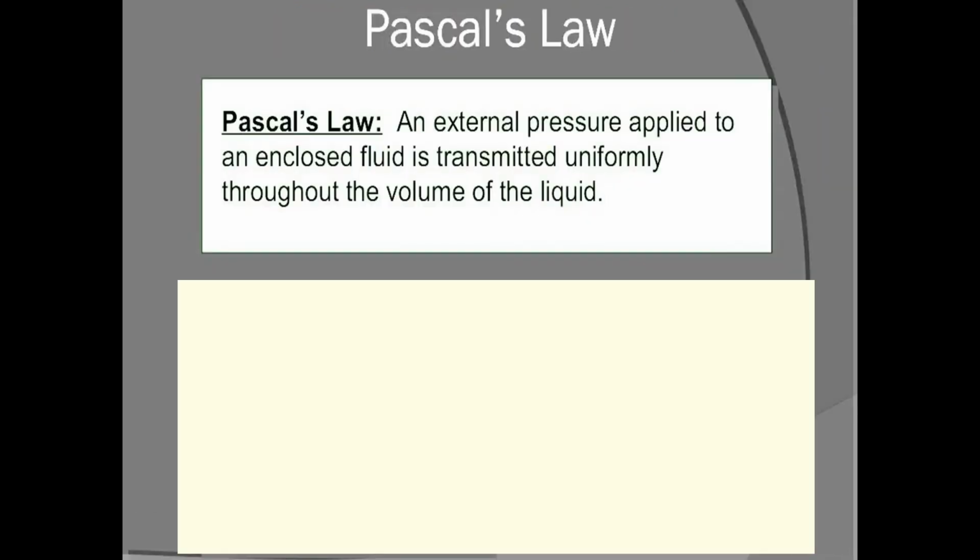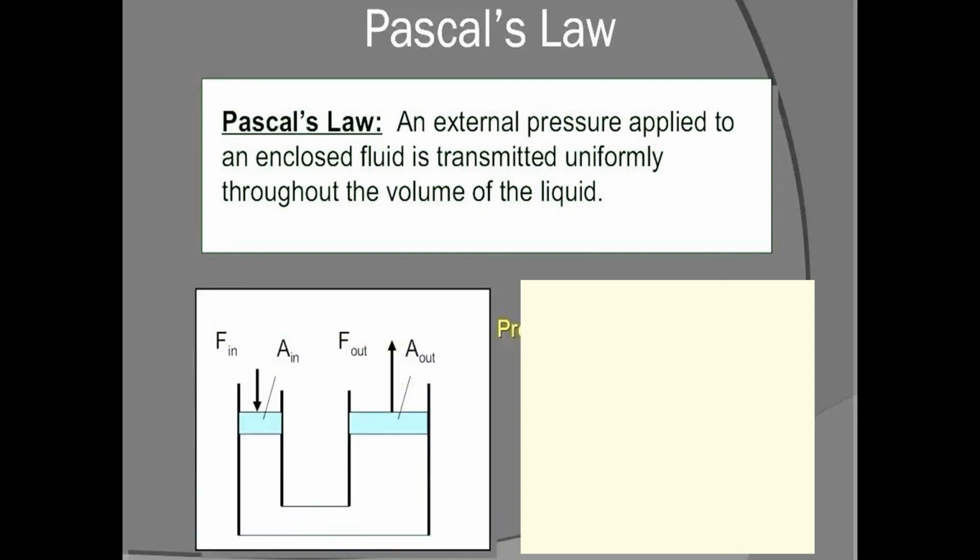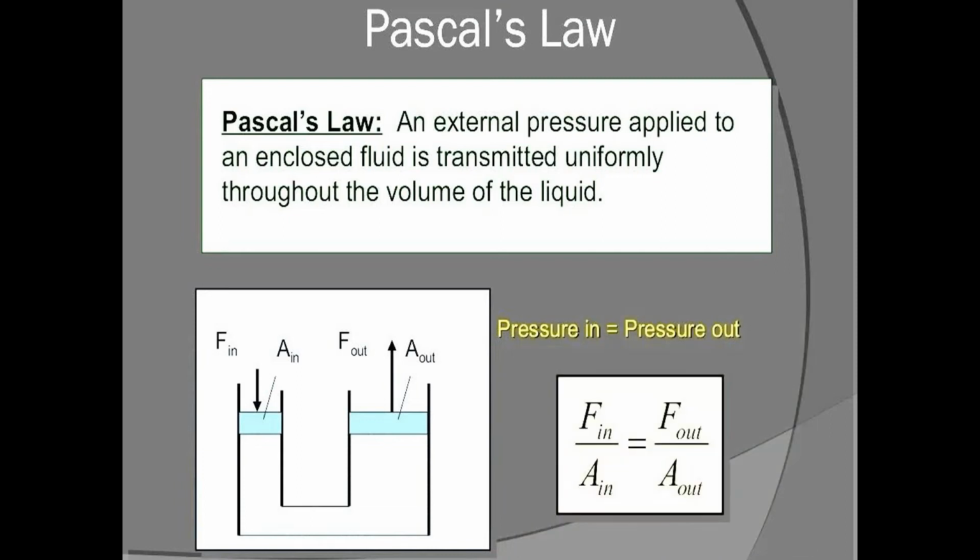So moving on to Pascal's law. Pascal's law states that an external pressure applied to an enclosed fluid is transmitted uniformly throughout the volume of the liquid. If we have here two pistons of different radius, pressure in is equal to pressure out.